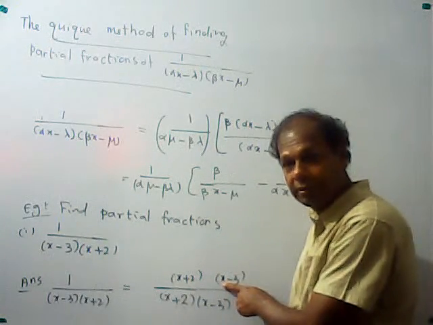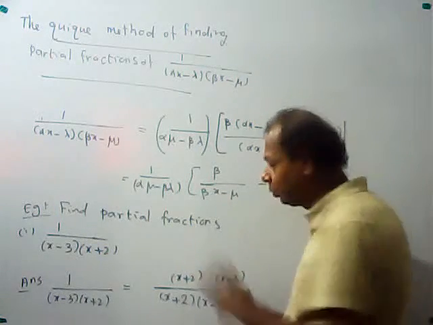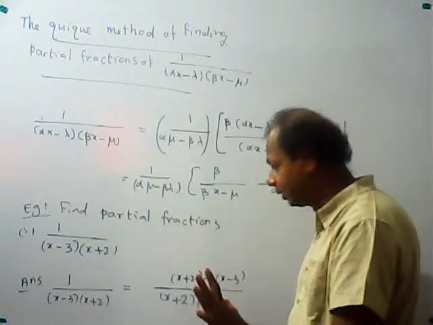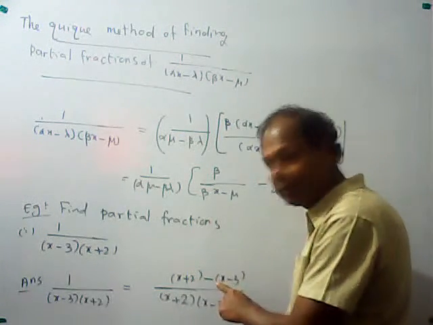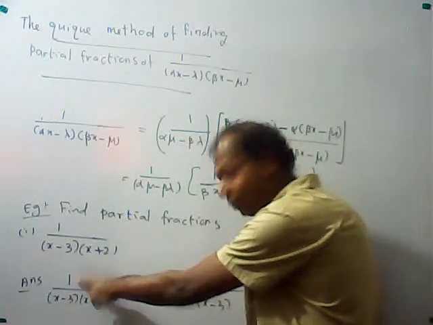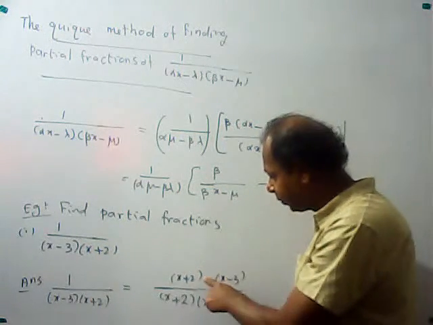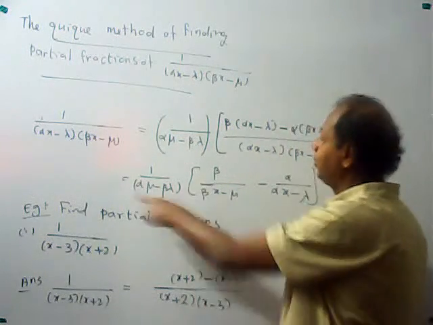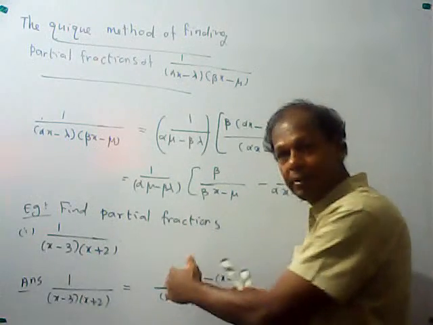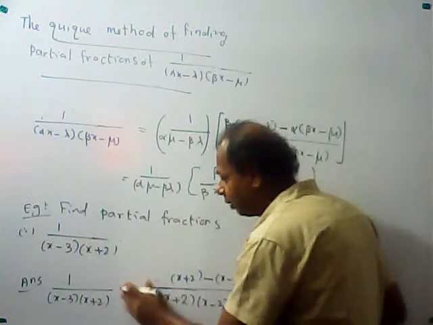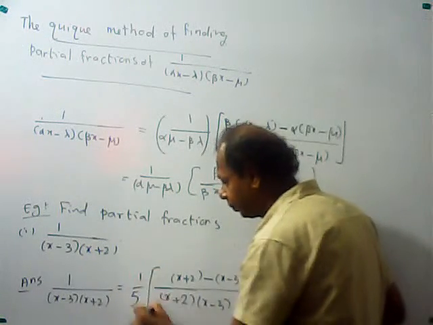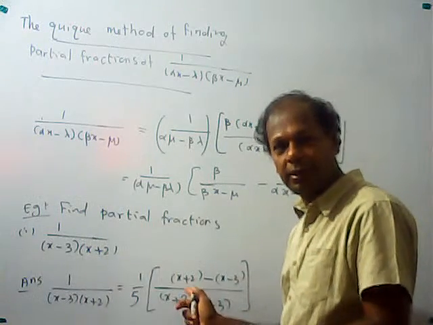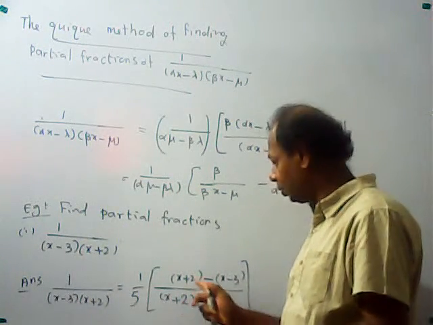You want to get rid of x. Here it's very easy: you just subtract. The x term will get cancelled. Now no x in the numerator, but it's just 1 on the left. It has to be 1 here also. Here, not 1, you have 3 plus 2, a 5 in the numerator. To make them equal, you just divide by 5. Now the two sides are equal.